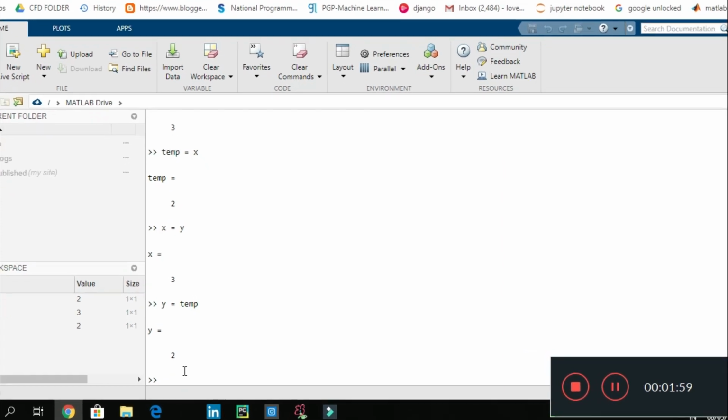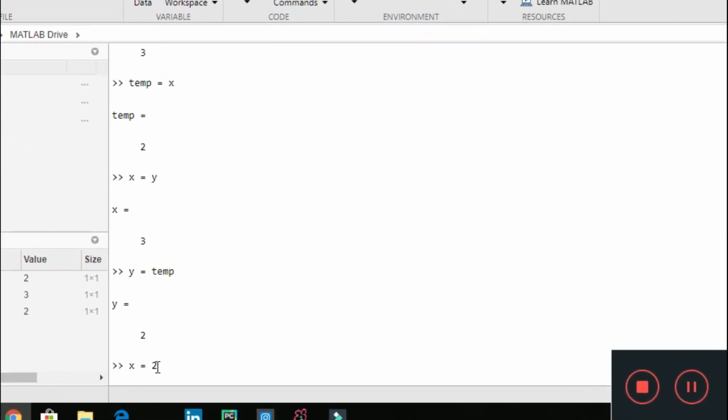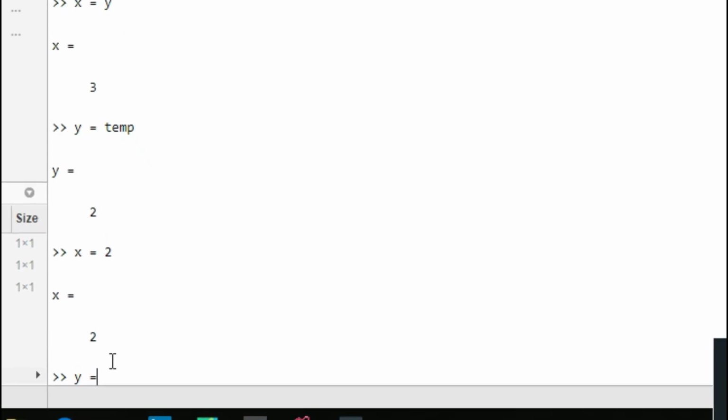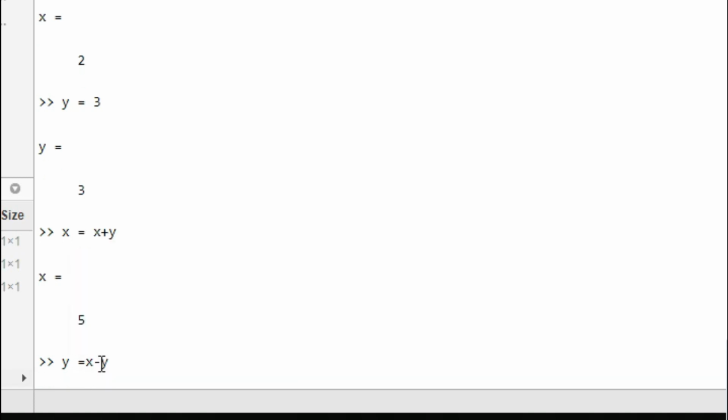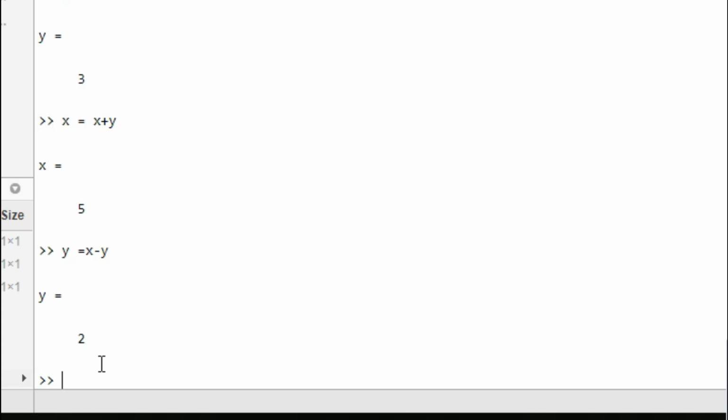Now let's try x equal to 2, y equal to 3, and we have a formula: x equal to x plus y. This formula is used in basic C programs for swapping two numbers. In every language we use this formula: y equal to x minus y and x equal to x minus y.